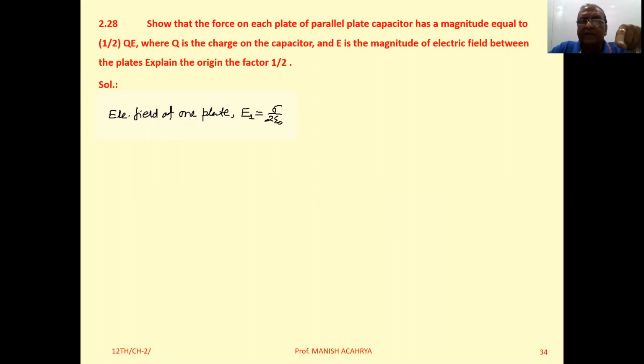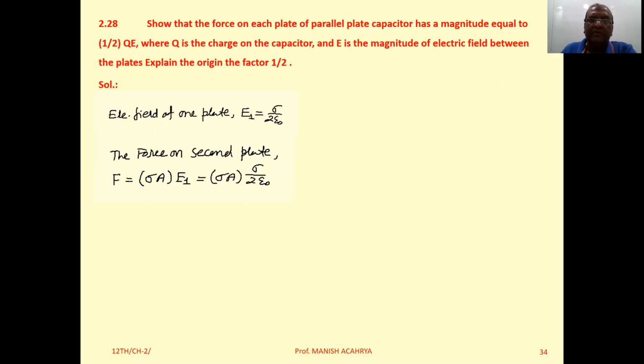Now when another plate is placed against the first one, then we can say that the second charged plate is in the electric field of the first one, and there is charge Q. So the force on the second plate we can write Q into E1, where Q is sigma into A. So we can write the force as sigma into A into E1.